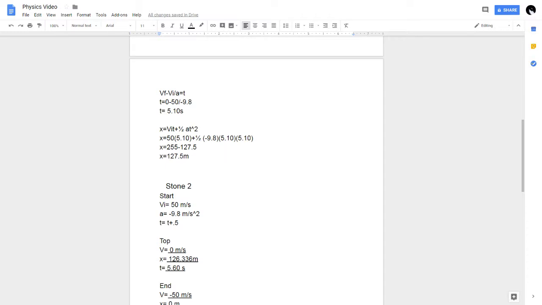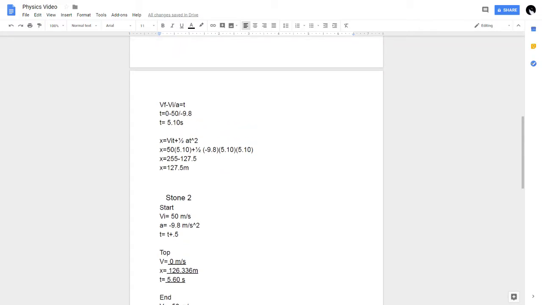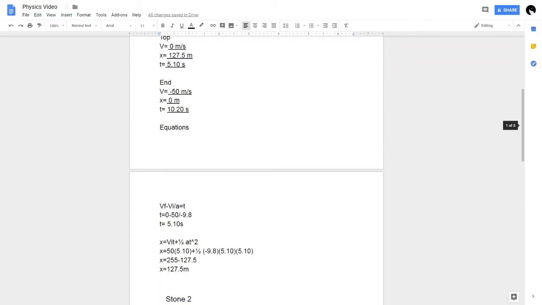So I'm going to type that in, and yes, we get 255, and we get negative 127.5, so those numbers are correct. When you subtract them, you just get 127.5, which you should notice is half of 255.